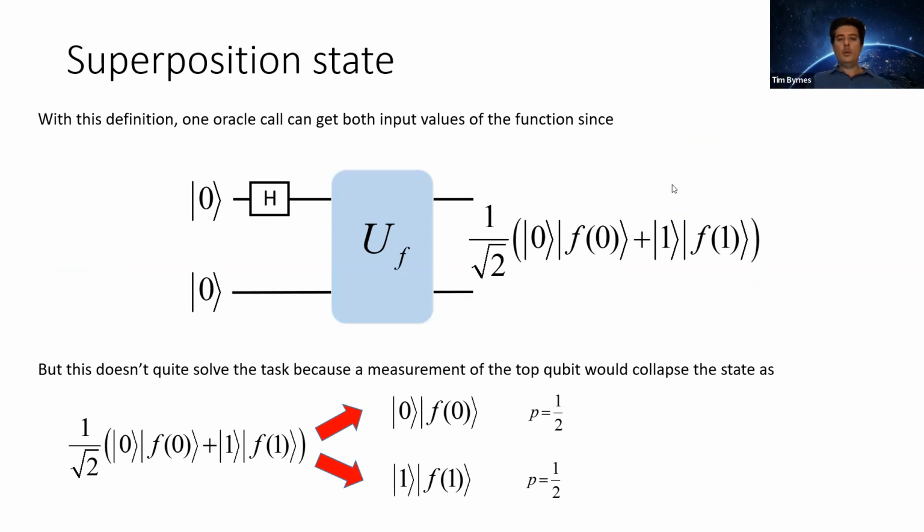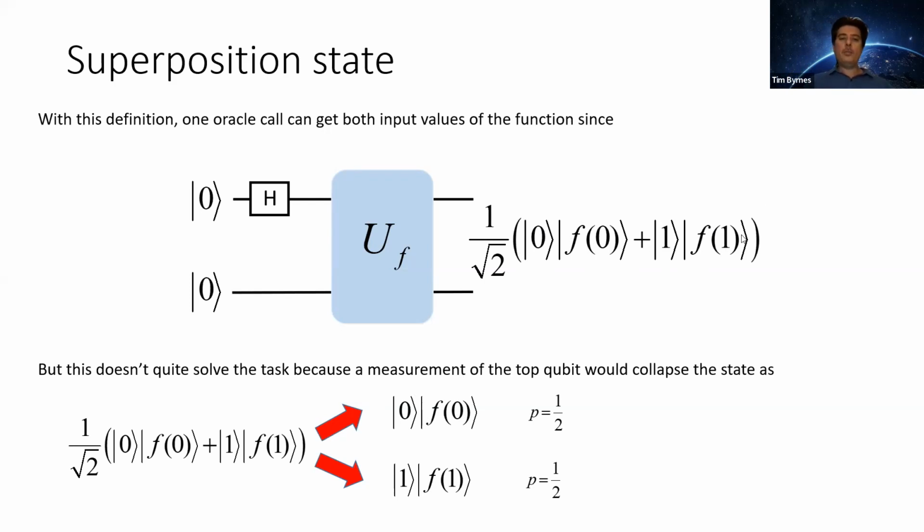If you measure in the 0, 1 basis of, say, this first qubit, it's going to collapse to each of these with 50-50 probability. Before you do the measurement, you've got the two outcomes right there in the state. The problem is you can't actually extract the results, because whenever you do a measurement, you're only going to get one of these cases at a time.